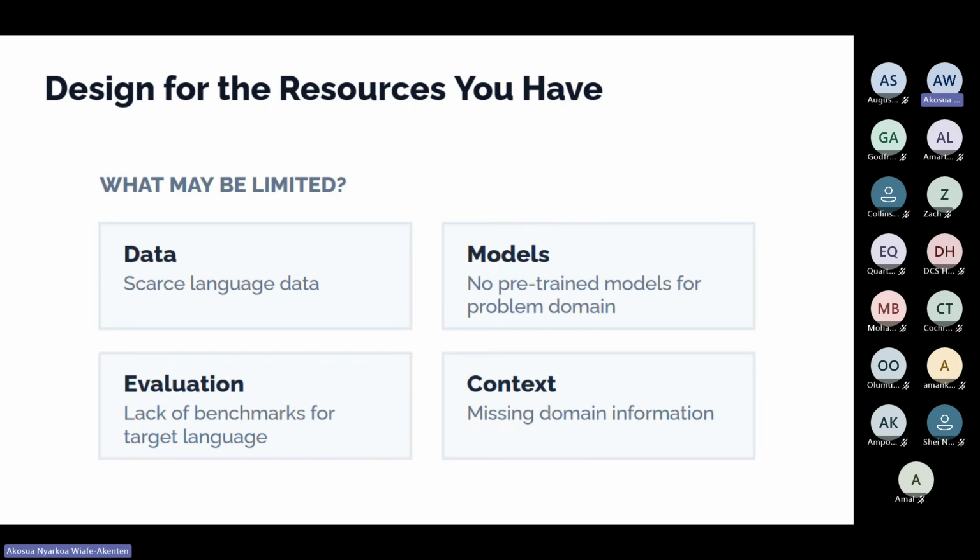You need to take that into account. Are there benchmarks for evaluating this particular technology that I have come up with? It becomes very, very key in certain domains.